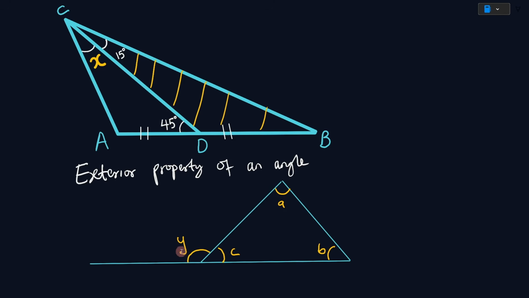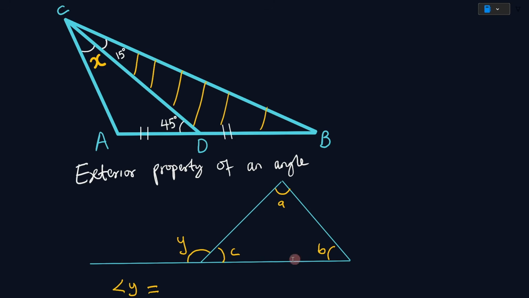This property states that the exterior angle Y is equal to the sum of the two opposite interior angles. In this case, which angles are interior and opposite to Y?